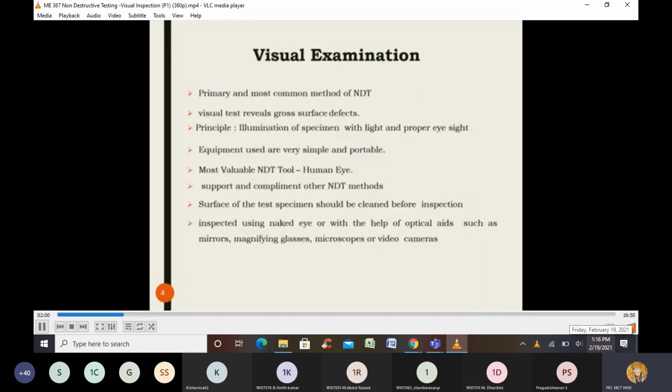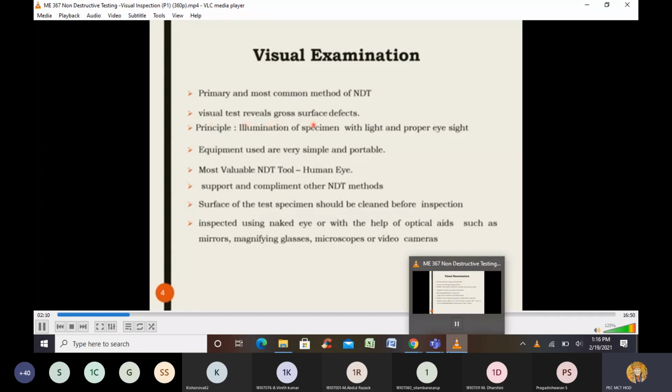We check the specimen. Visual examination is the most primary and common method used in non-destructive testing. The visual test reveals gross surface defects present in different materials. By pure visual inspection, we can see the outer surface defects, if any, that occur in a certain material.